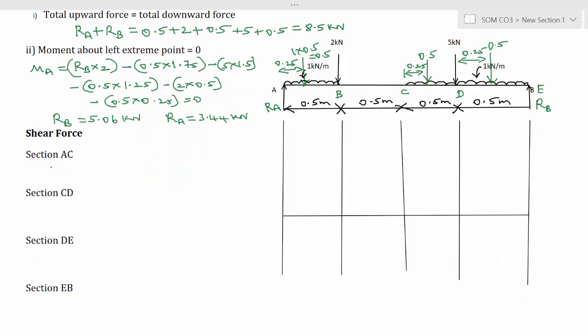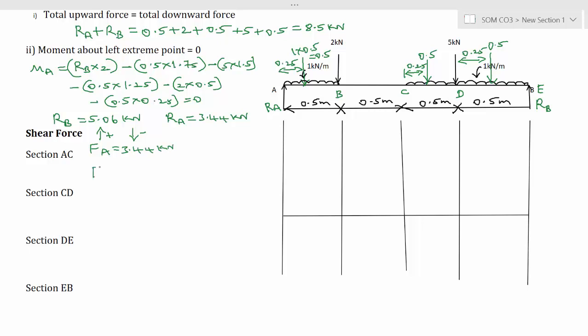First consider the section AC. We'll start with FA. FA is equal to, it has a reaction force, and we know that the upward force is considered positive and the downward is considered negative. So FA is equal to, the reaction force is acting in the upward direction, so it is plus 3.44 kilonewton.